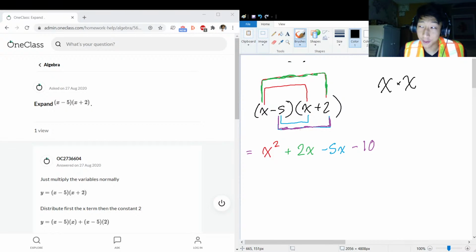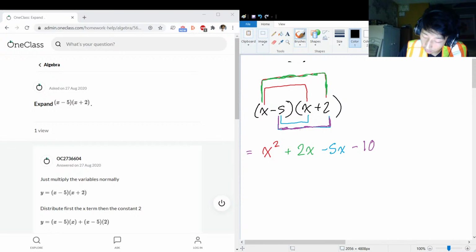Is that x to the power of 3 or x to the power of 2? It gets confusing. So in math, we're going to start to get away from using x to represent multiplication. Instead, you do something like that. So variables beside each other, that's just multiplication.